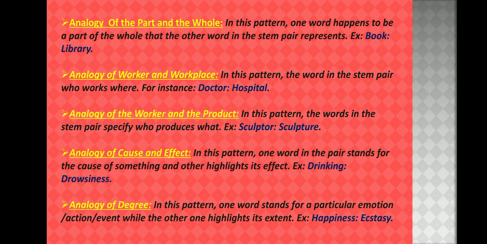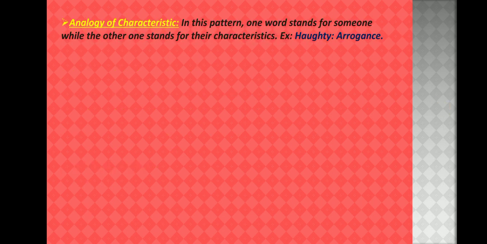In this pattern, one word stands for a particular emotion or action or event, while the other one highlights its extent. For example, happiness, ecstasy. Next, analogy of characteristic. In this pattern, one word stands for someone while the other one stands for their characteristics. For example, haughty, arrogance.